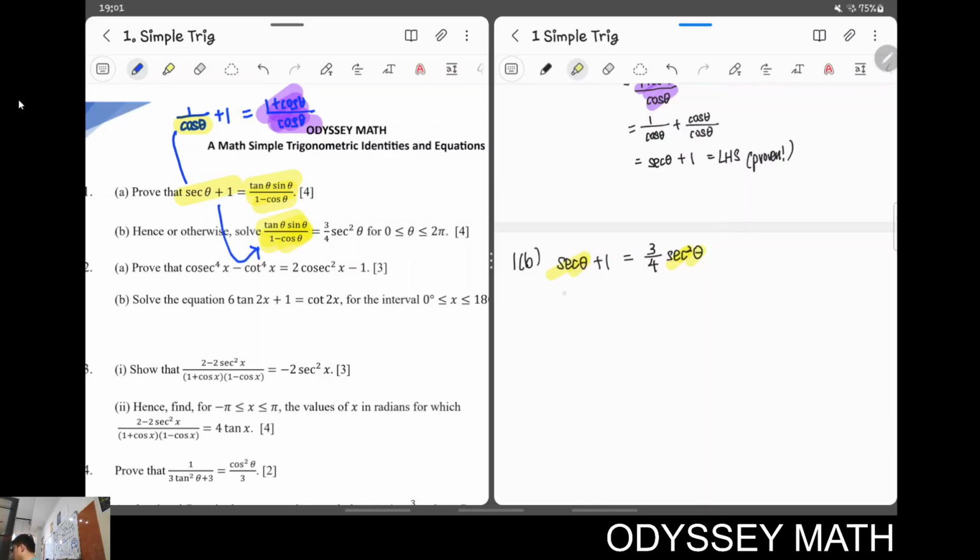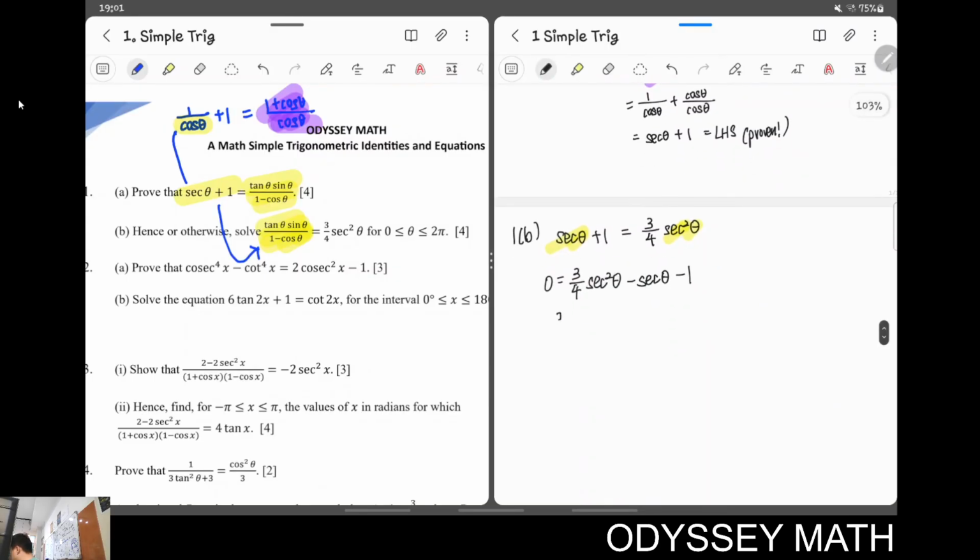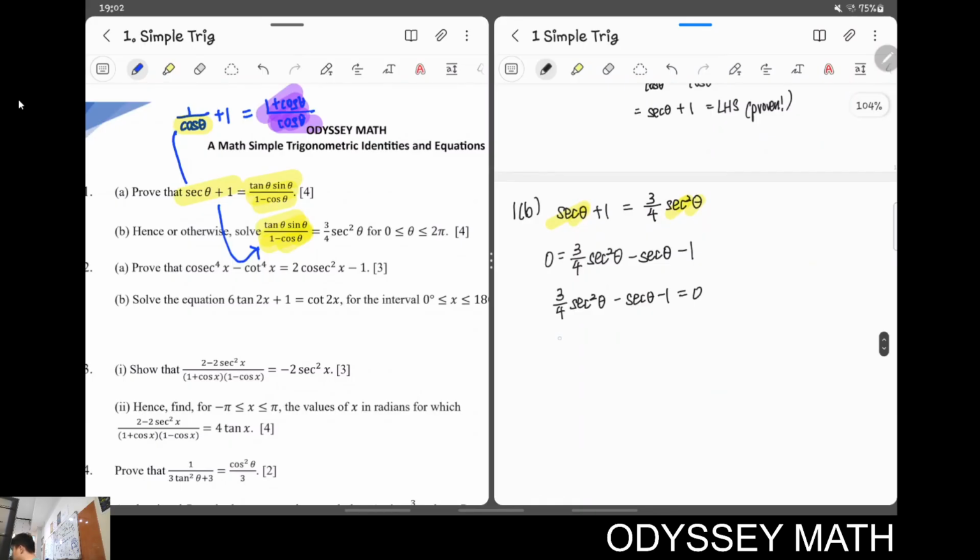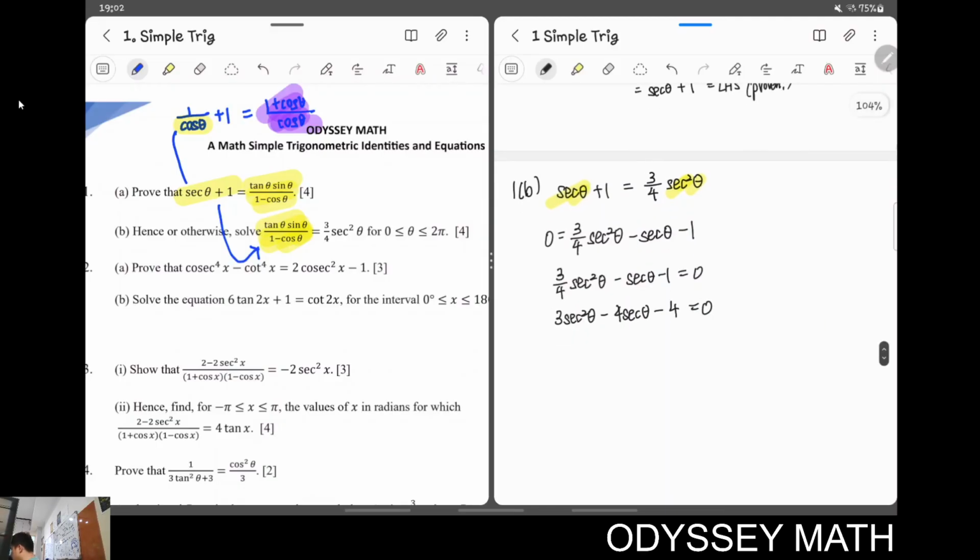So you move everything to one side, we get 0 equals to 3 over 4 secant square theta minus secant theta minus 1. Okay, then we flip the equation. And here we will multiply throughout by 4 so that we get rid of the fraction. So we have 3 secant square theta minus 4 secant theta minus 4 equals to 0.